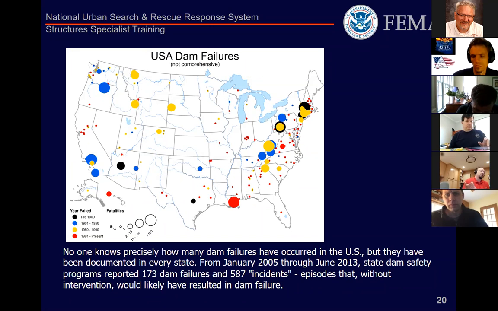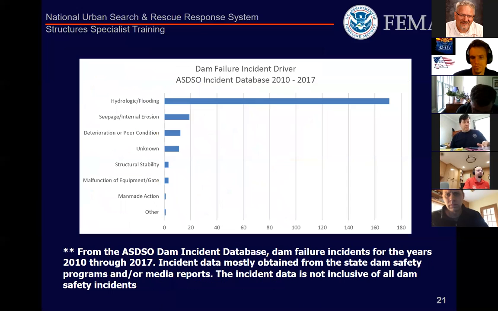But because most of the dams are private, it's really difficult to get a consensus on the number of failures that have been recent. Next slide, please. But what we do know, and the ASDSO, that's the Association of State Dam Safety Officials, they're the largest, I believe, dam safety group within the US.